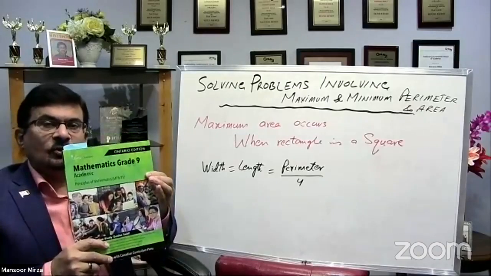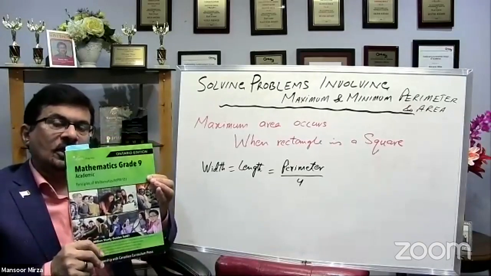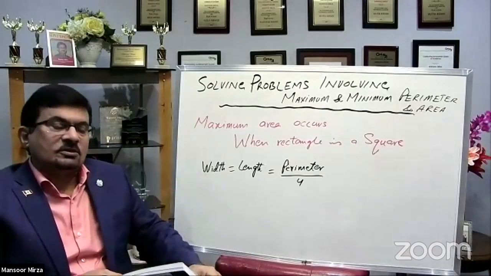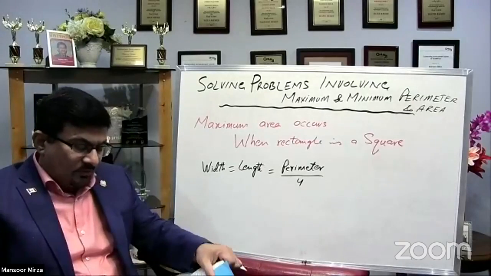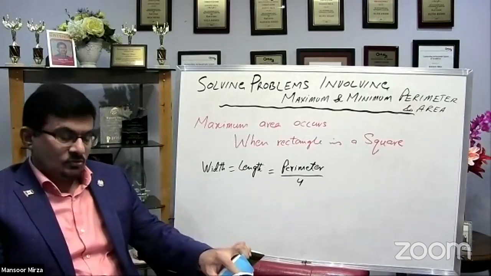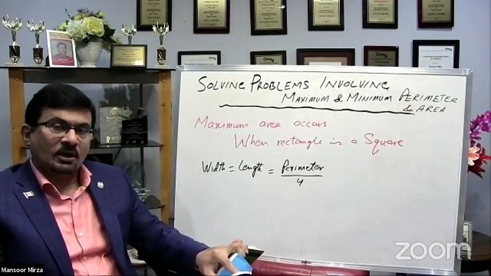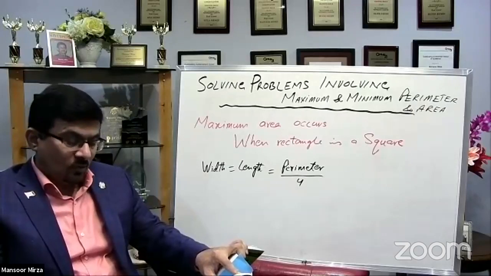If anyone is following my lessons, do not hesitate to use these Ontario curriculum lessons and this book, and it will be much easier to follow lesson by lesson. To solve a problem involving maximization or minimization, apply the principles covered in the previous four lessons regarding maximum and minimum perimeter, area, and volume.